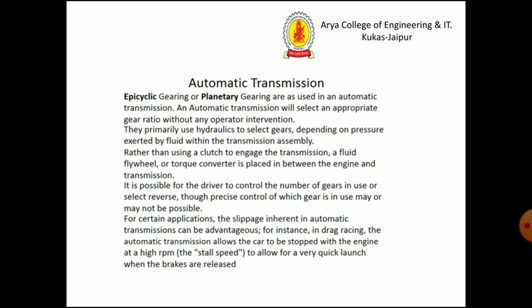For certain applications, the slippage inherent in automatic transmissions can be advantageous. For instance, in drag racing, the automatic transmission allows the car to be stopped with the engine at high RPM to allow for a very quick launch when the brakes are released.